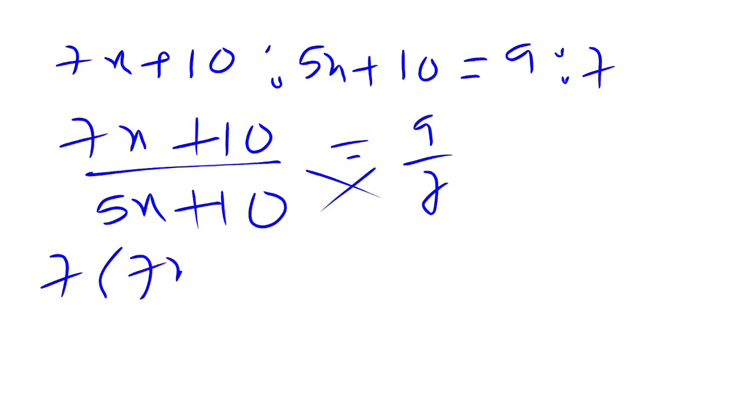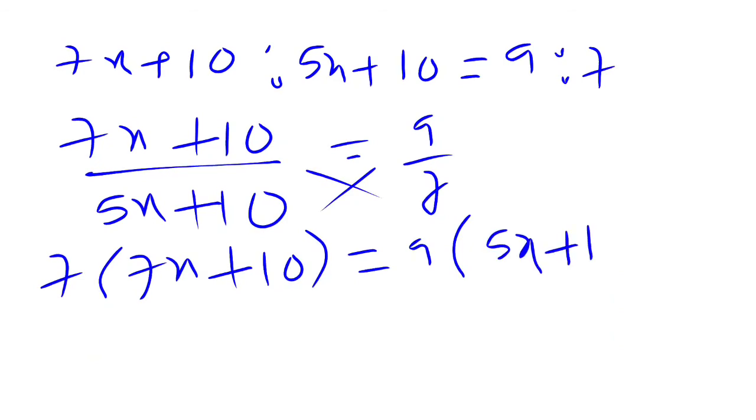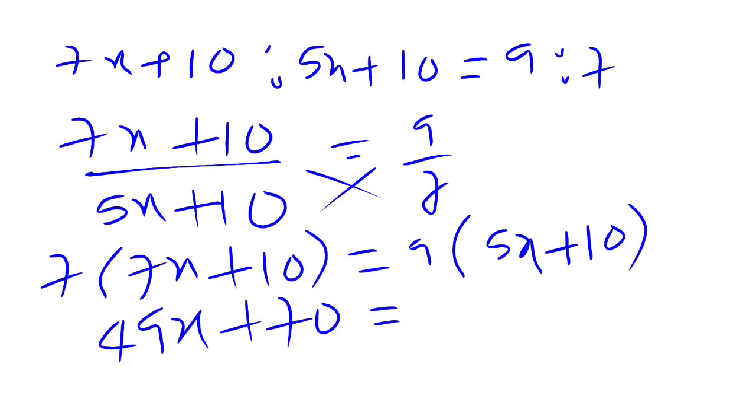7 into 7x plus 10 is equals to 9 into 5x plus 10. 7 sevens are 49x plus 7 into 10, 70. 9 fives are 45x plus 9 into 10, 90. Write variables on the left side.